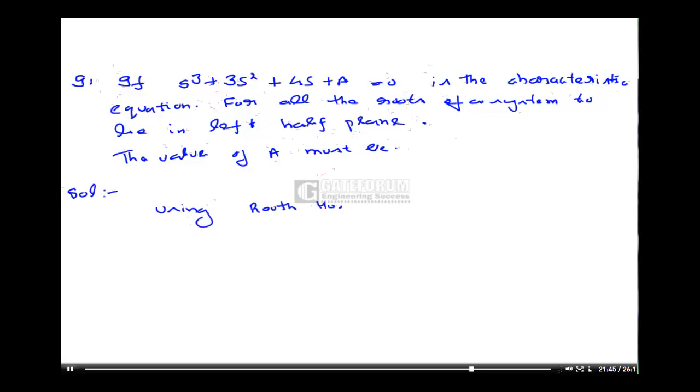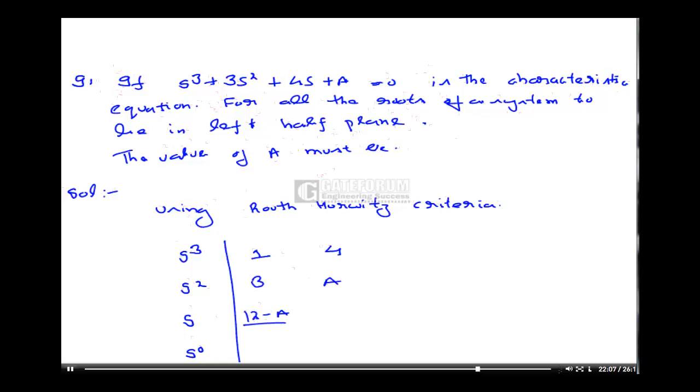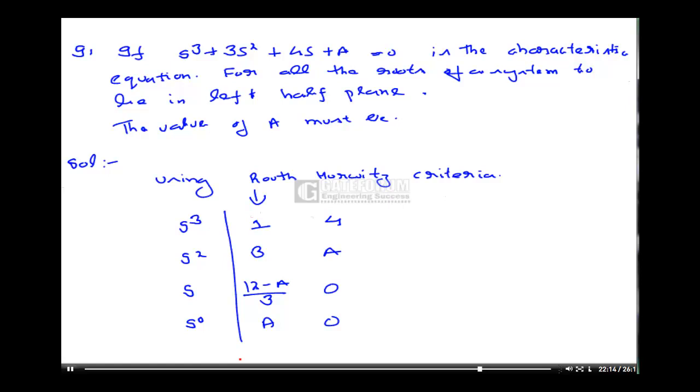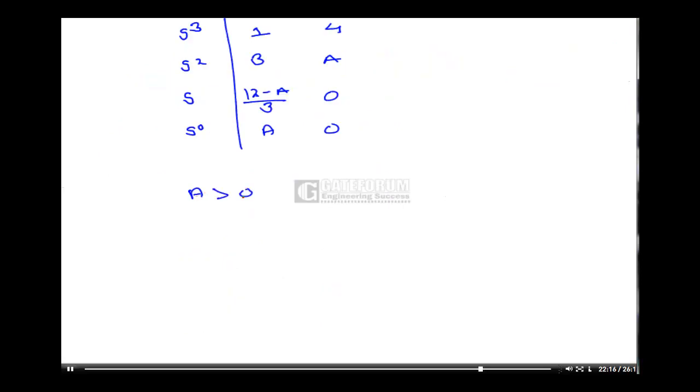Routh-Hurwitz criteria. Okay, so this is S cube, S square, S to the power 0. This is 1 and 4, 3 and A, (12 minus A) upon 3, and this is A. So for this column to be of the same sign, my A must be greater than 0 and 12 minus A must be greater than 0.